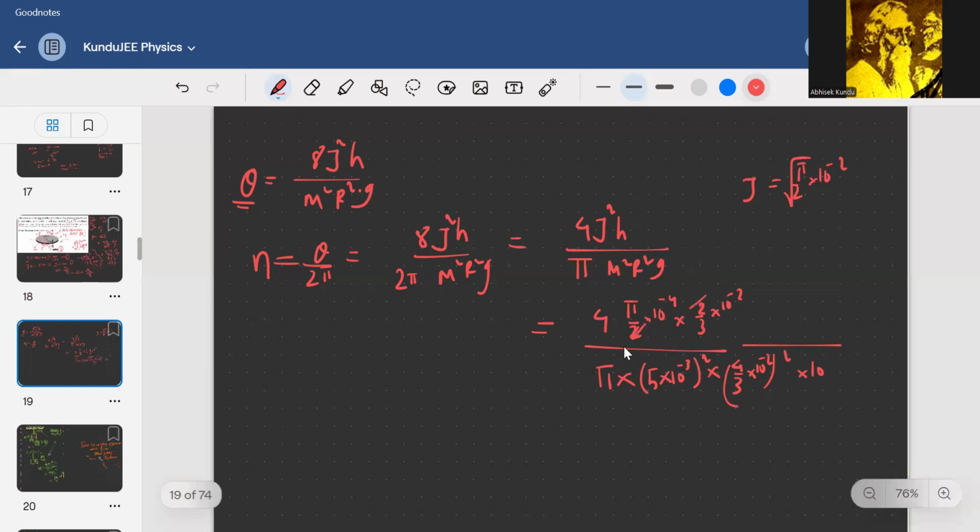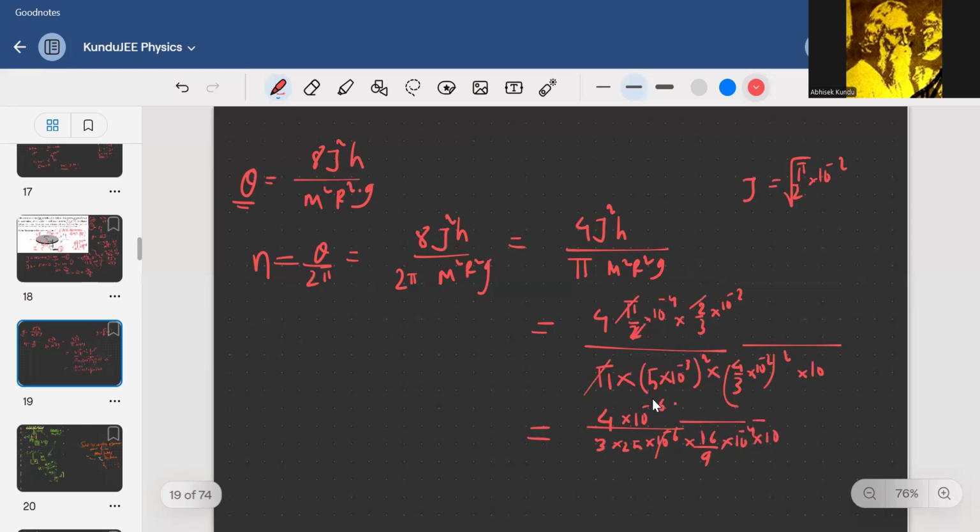The 2 here will cancel. Pi here will cancel. 3 will go to the denominator, then 3 into 25 into 10 to the power minus 6 into 16 by 9 into 10 to the power minus 4 into 10.